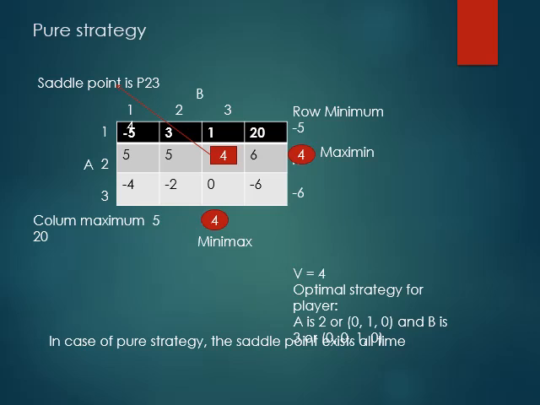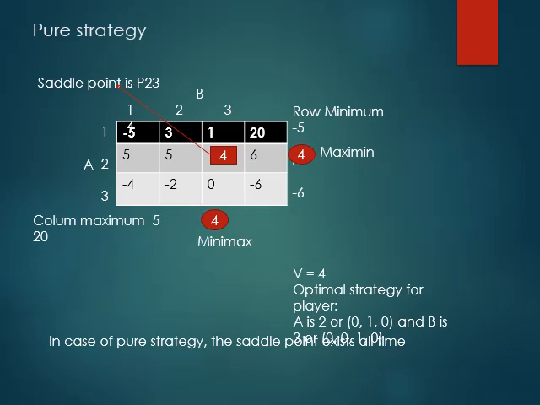The maximum value in column 1 is 5. The maximum value in column 2 also equals 5. The maximum value in column 3 equals 4. The maximum value in column 4 equals 20.